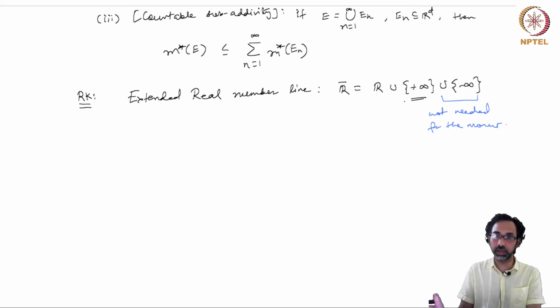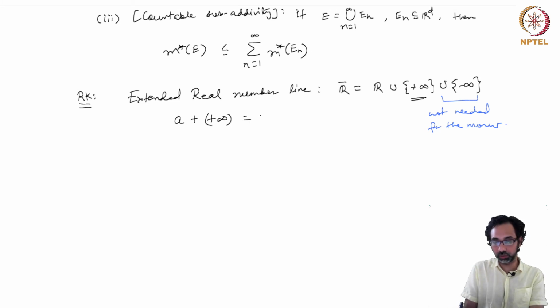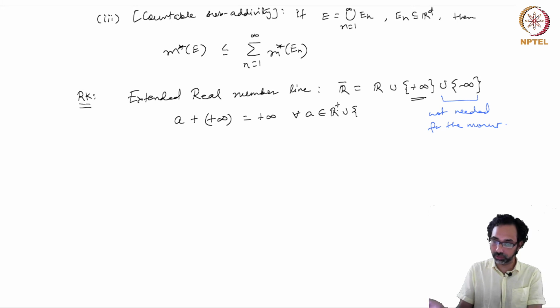This is not a real number by definition, but we still need to define arithmetic operations involving plus infinity. For example, a plus infinity is equal to plus infinity for all a in R union R plus infinity. Let me write 0 to plus infinity open, union plus infinity. We will write this set as 0 to plus infinity closed.